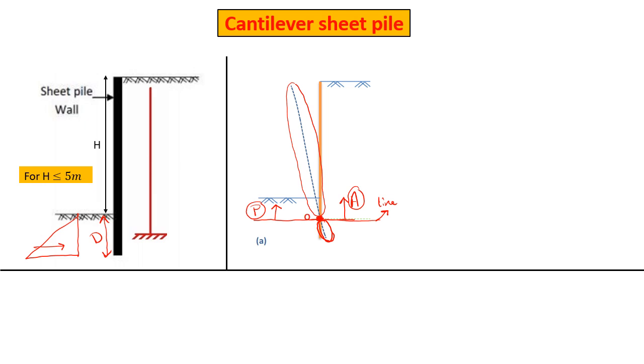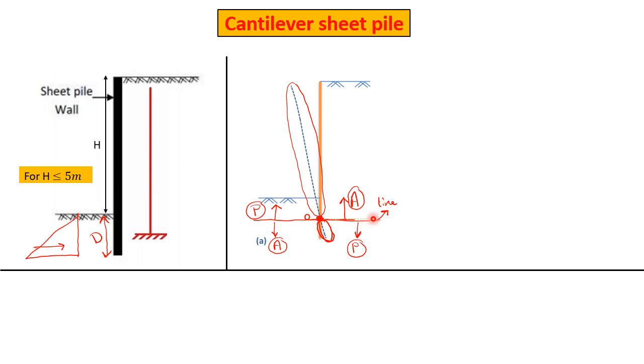So this means that in terms of active and passive earth pressure, the pressure below this horizontal line should be passive, and on the left hand side, should be active. This should be your earth pressures acting on your flexible retaining wall sheet pile.